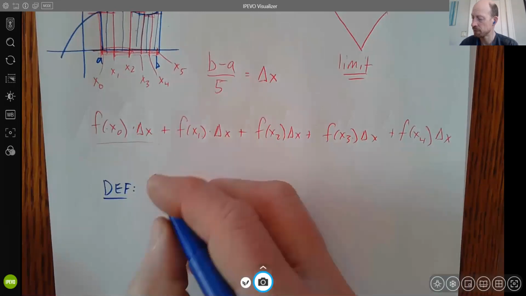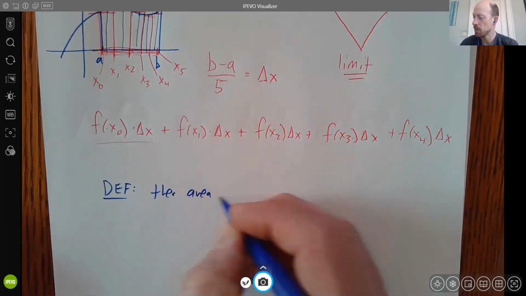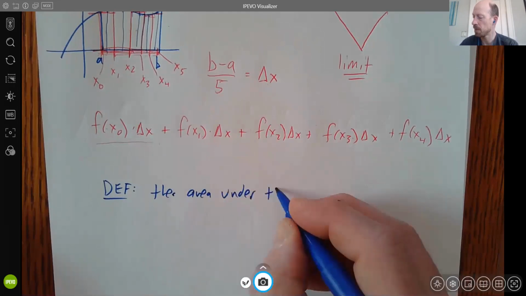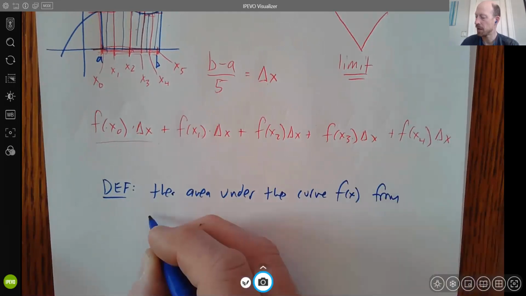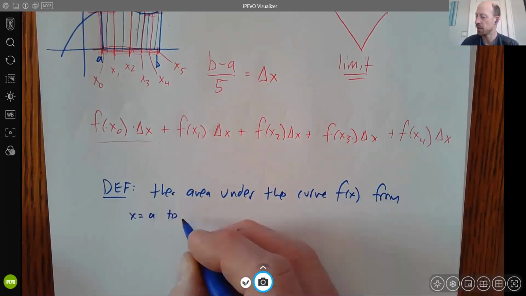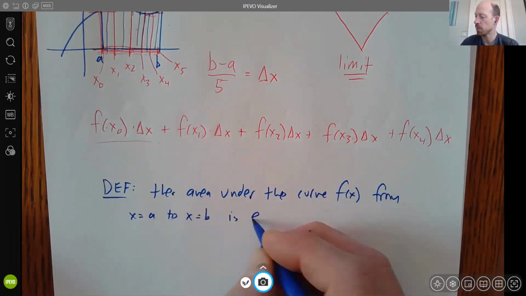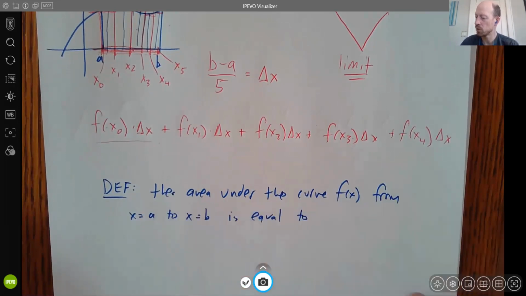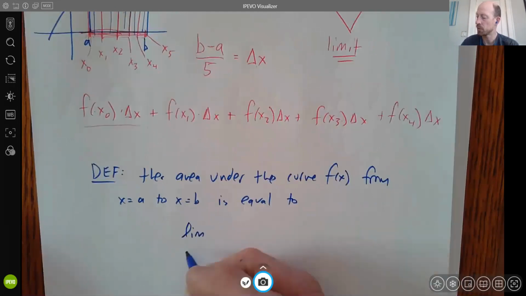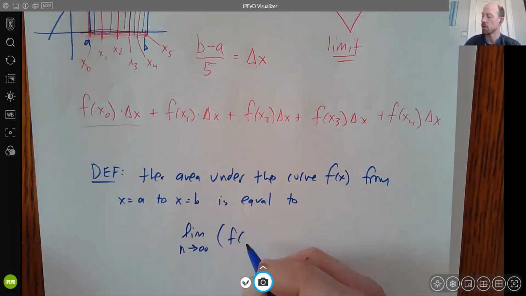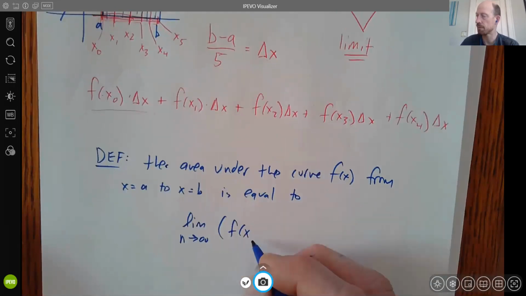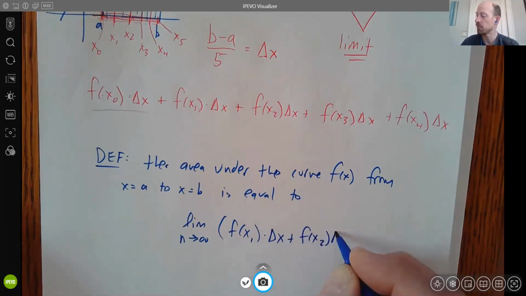We're going to say the area under the curve f of x from a to b, x equals a to x equals b, is equal to the limit as n goes to infinity of f of x sub 1 times delta x plus f of x sub 2 times delta x.